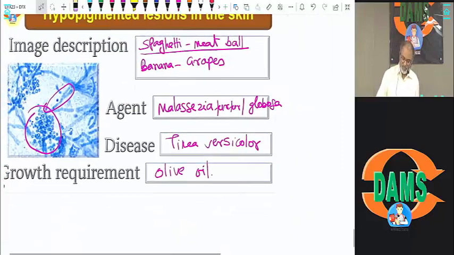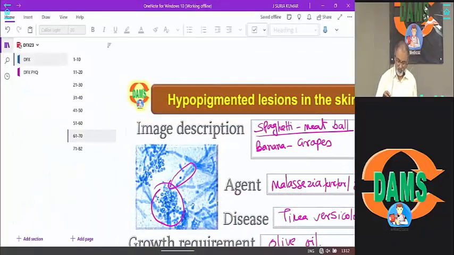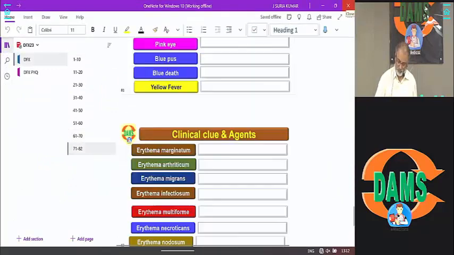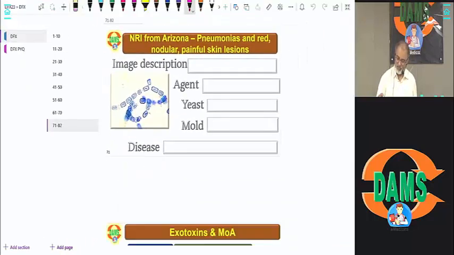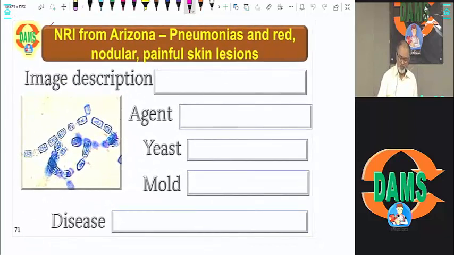Okay. Next is very important. Final lap. Interesting, my dears. Endemic in Arizona, not reported from India: pneumonia and red nodular painful skin lesion. What is this image?